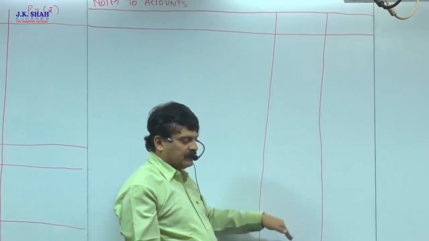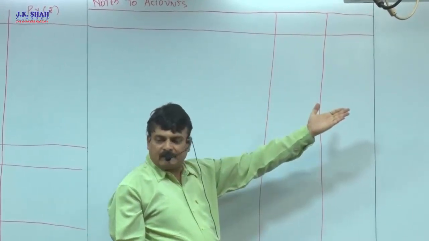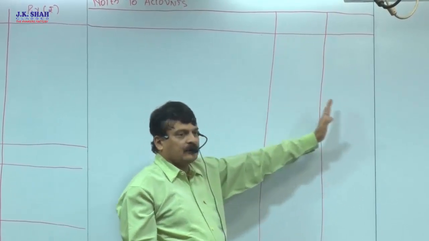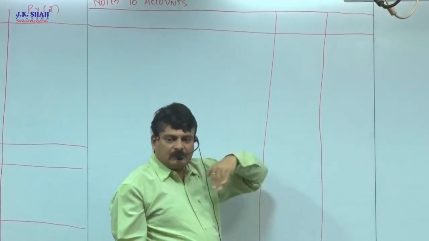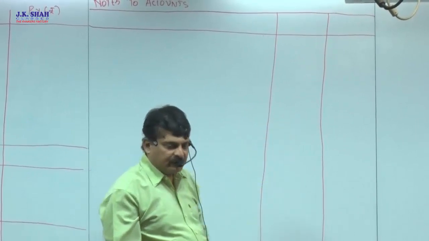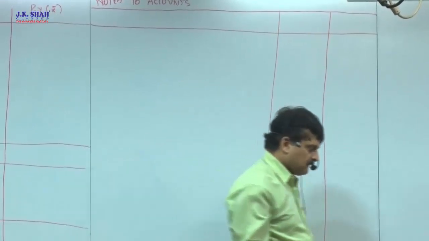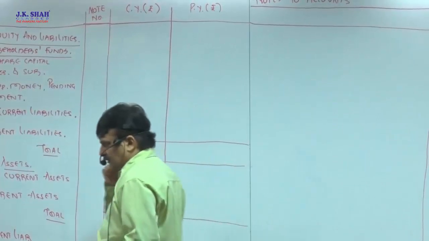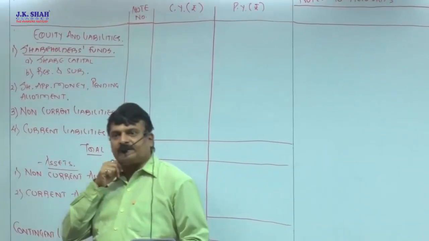On one full page and one more page. Simple format, two columns of amount, current year and previous year. One page as well as second page. Drawn the columns on two pages, students.